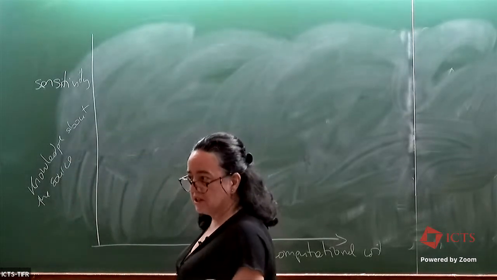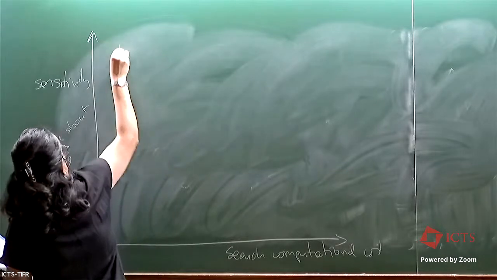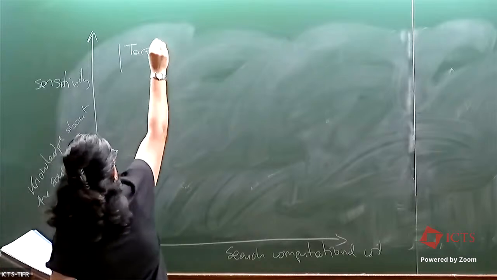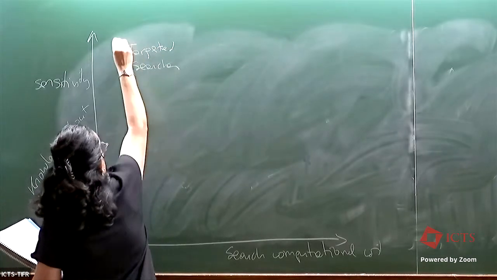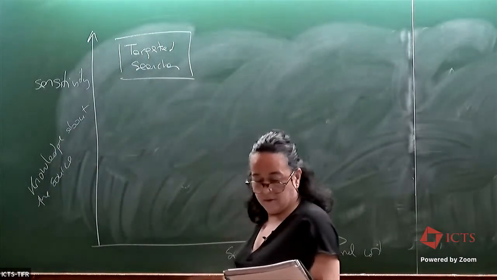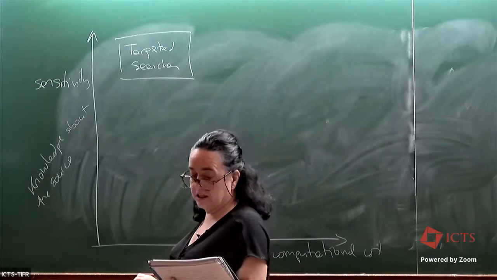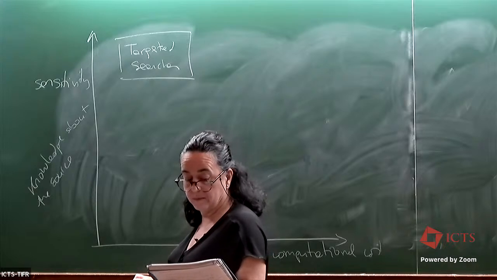So the cheapest and most sensitive searches are the so-called targeted searches, when we are targeting these known pulsars, either using radio, X-ray, or gamma-ray ephemeris.